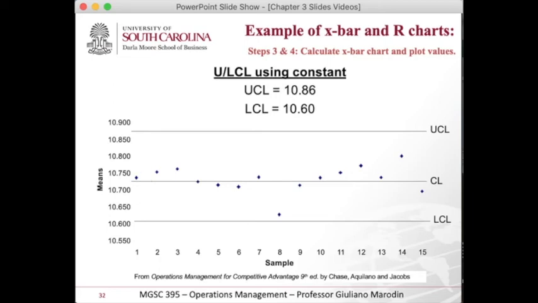Yes or no? So hopefully you guys answer it very loudly. Yes, it is under control, because there are no dots outside the control limits. None of those samples were higher than the upper or lower than the lower control limit. So we can say that the process is under control. Very good, guys. Good job.